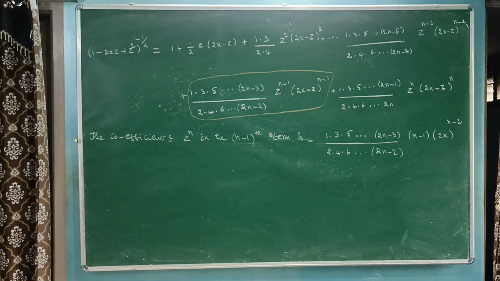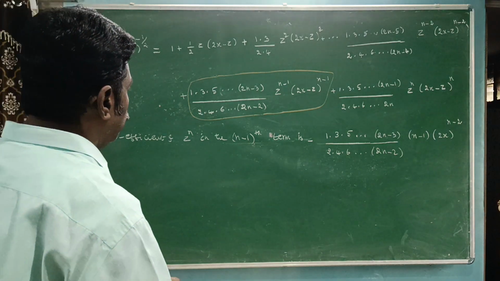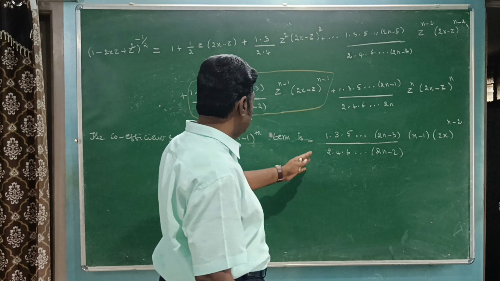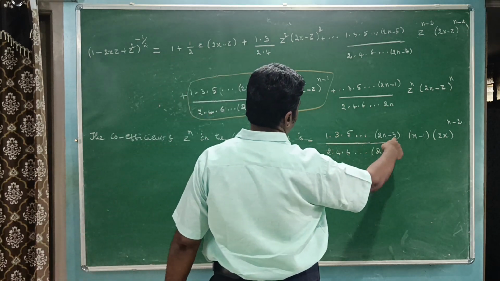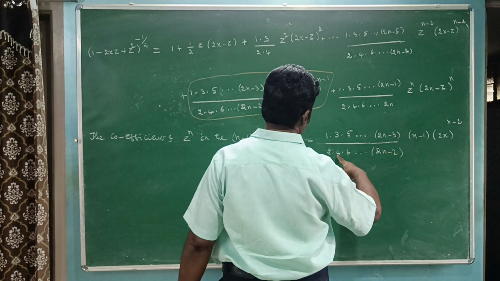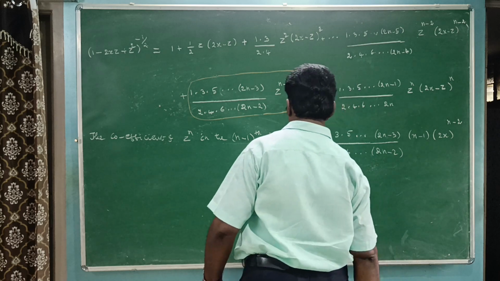Now we have to find out the coefficient of z power n in the n minus 1th term. Further, we have to reduce this term. This is the available term. With a negative sign, 1.3.5 up to 2n minus 3 divided by 2.4.6 up to 2n minus 2 into n minus 1 into 2x power n minus 2 is present.